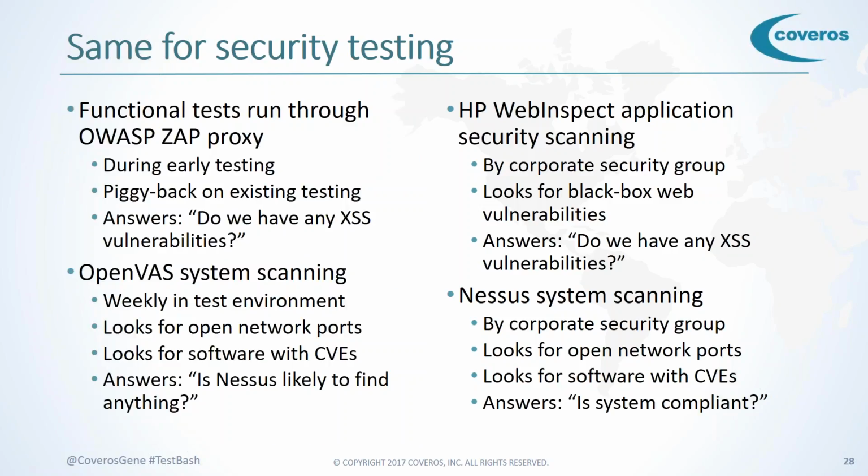Maybe early on we can do something with cheaper systems or open source systems like OWASP, right? Like I said, piggyback on the functional test. Or with OpenVAS, which is an open source fork of Nessus. But we could run that early on in our pipeline, just weekly or something like that, looking for those same things. Really just telling us, is Nessus likely to find anything when we get to the end?